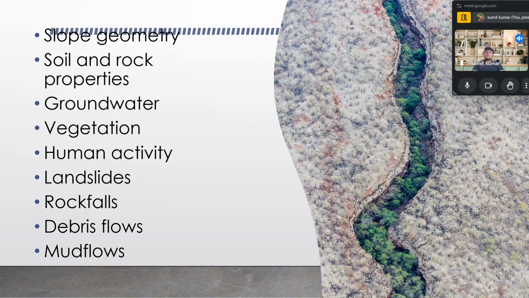Now we talk about some of the specific sections which we should look into before going into the detail of slope stabilization, and those are slope geometry, soil and rock properties, the groundwater presence, the vegetation across the cross section, the activity of humans, the landslides, rock fall, debris flows, mud flows, and the definitions associated with all these we have seen already in the previous slides.